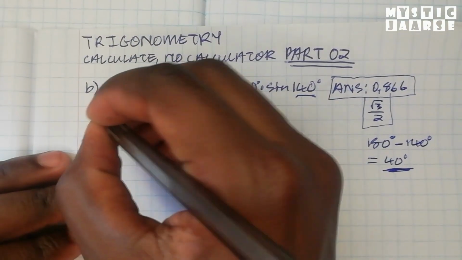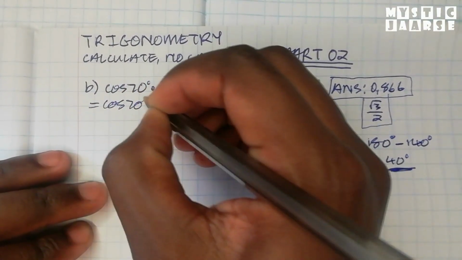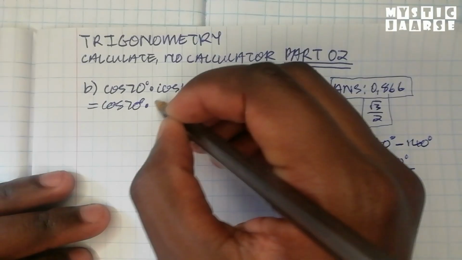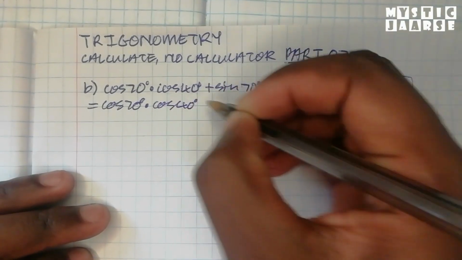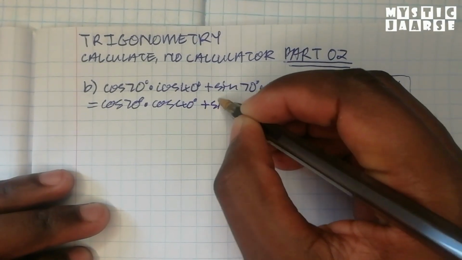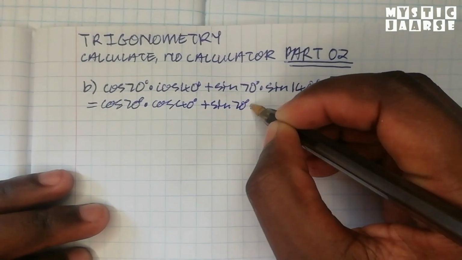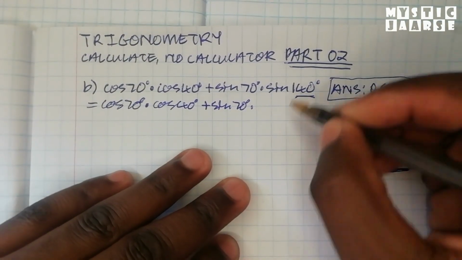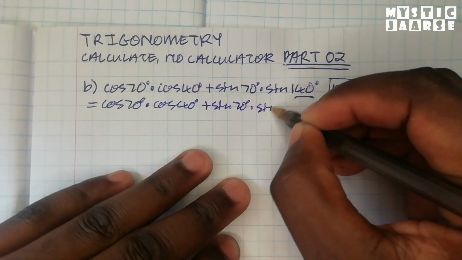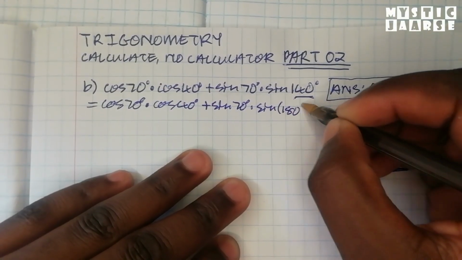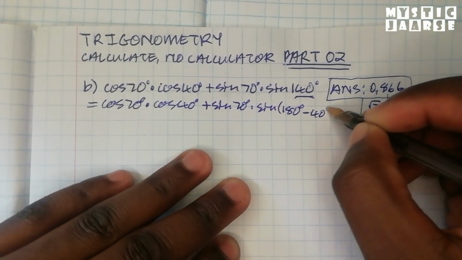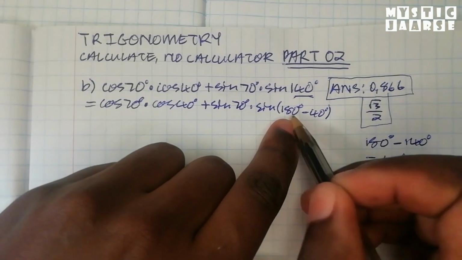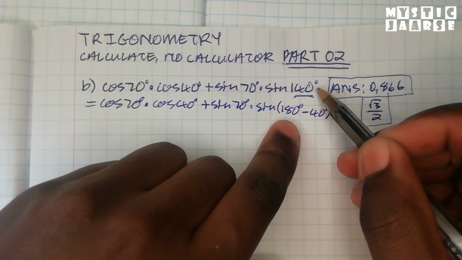So let's do it. We have cos of 70 degrees multiplied by cos of 40 degrees plus sine of 70 degrees multiplied by, so we're going to reduce this, sine of 180 degrees minus 40. Now 180 degrees minus 40 is equal to 140, right?